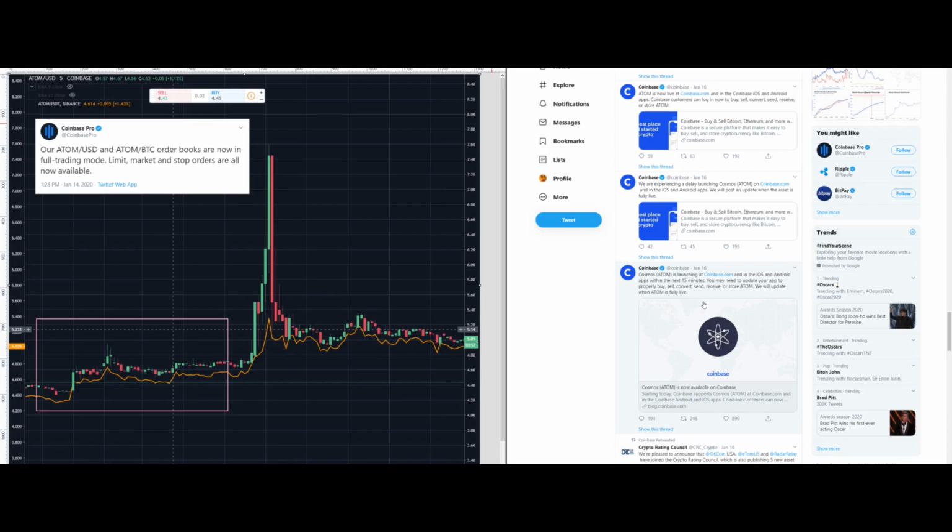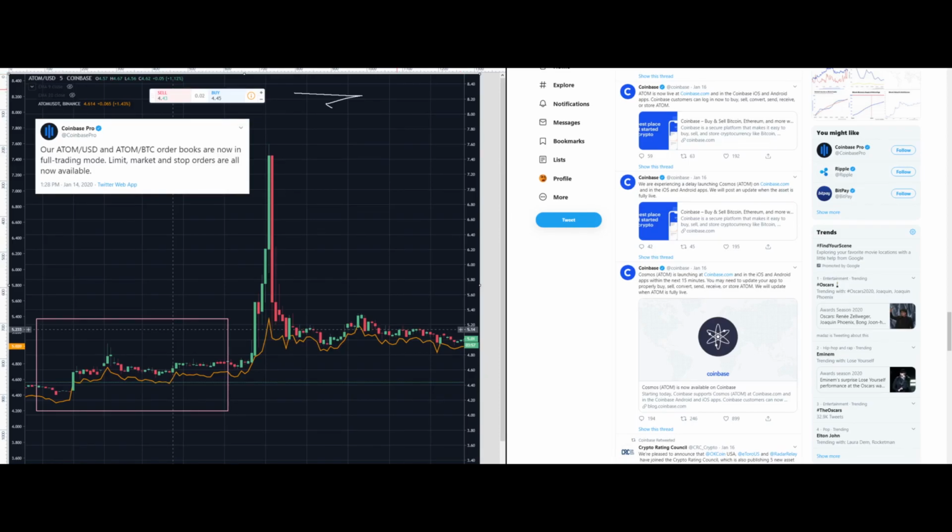So this means a ton of liquidity is about to come in. I mean, Coinbase.com at one point was the biggest crypto app on iOS, and so we're talking about potentially millions of users in the middle of a Bitcoin bull run that are going to be interested in anything that Coinbase.com puts on its website. So this is a huge catalyst that we knew we had to pay attention to.